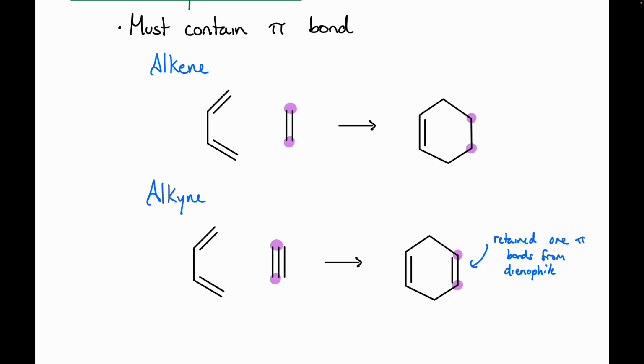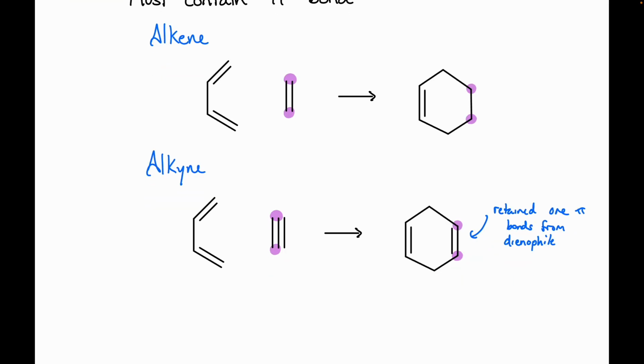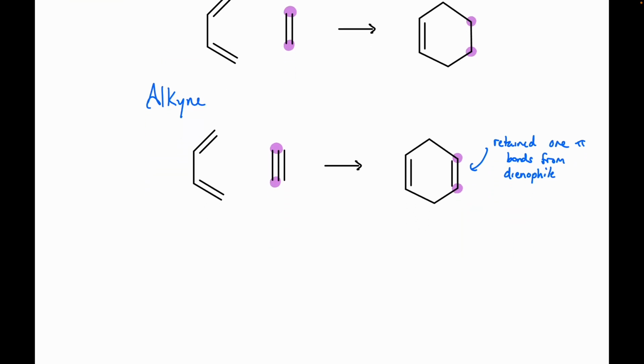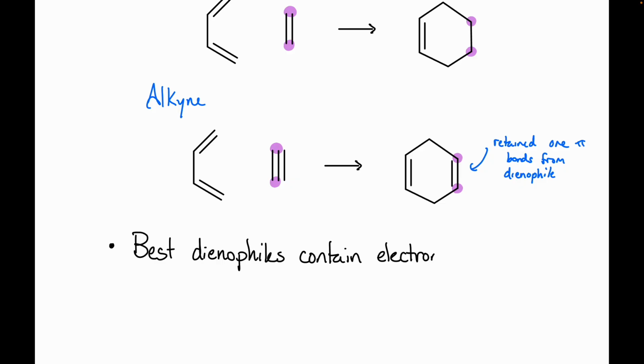Now both of these would work as dienophiles. If you mix these two together, you would be able to get your Diels-Alder product. But truthfully, you'd have to crank up the temperature quite a bit, and your yield wouldn't necessarily be all that great. All right, so we can make these dienophiles even better. Our best dienophiles contain what are called electron withdrawing groups.